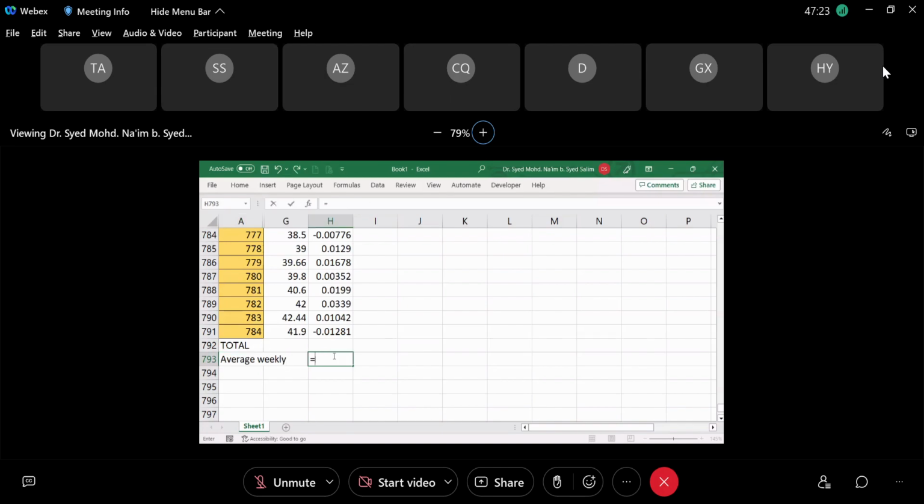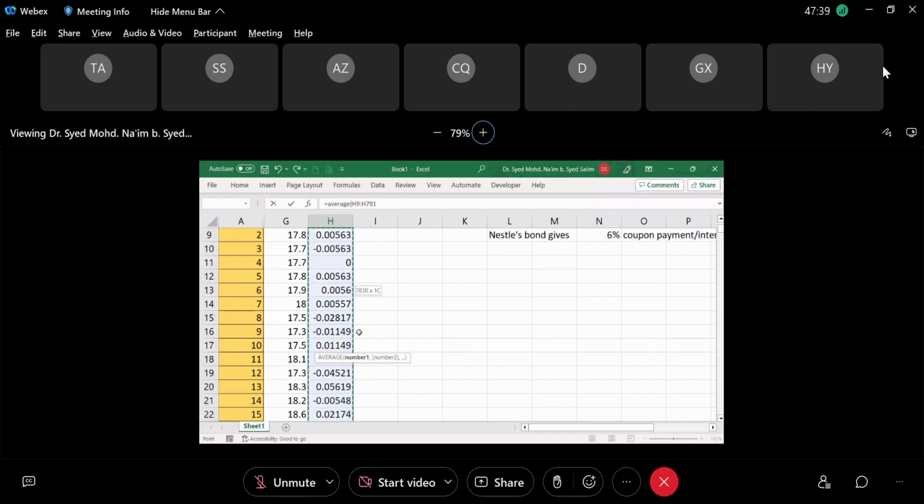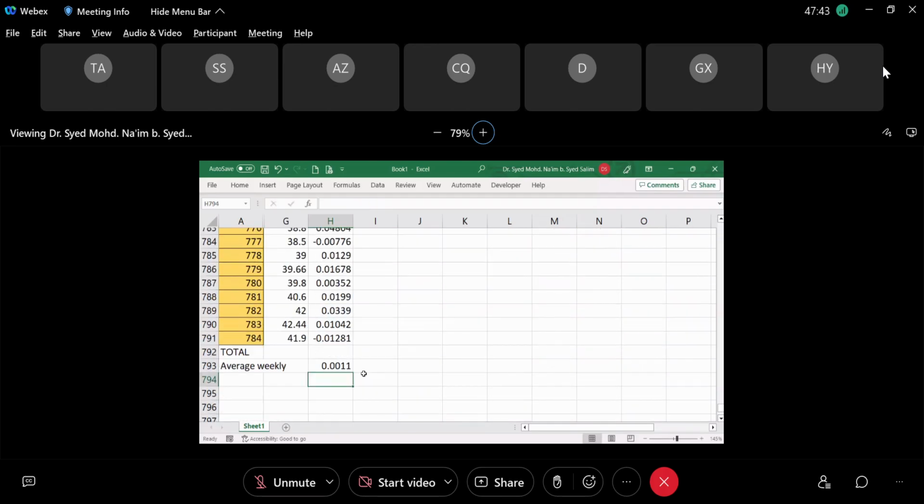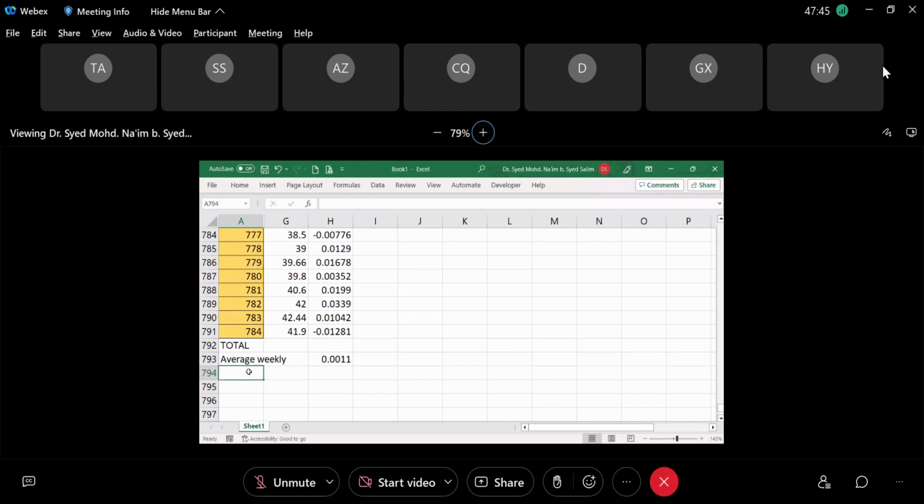Yes. So average, whereby we have to convert that into an average annual.